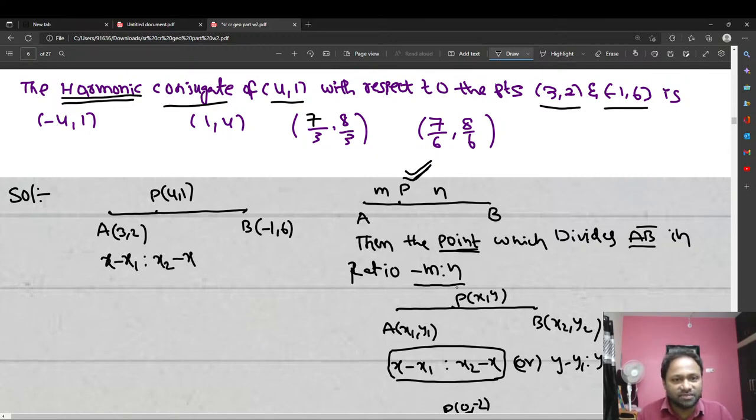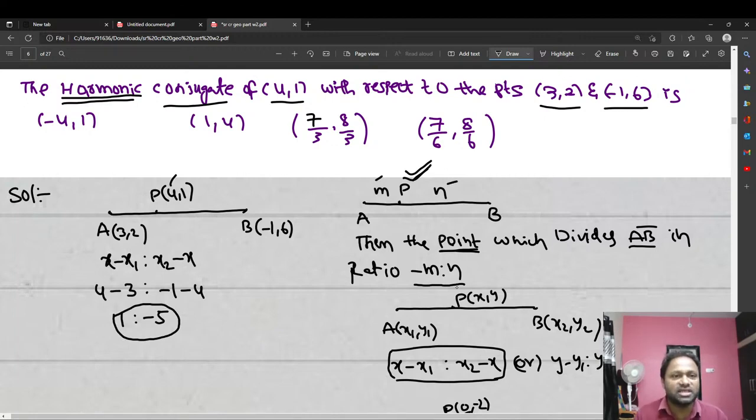So x is 4, x1 is 3, x2 is minus 1. So 4 minus 3, value 1, ratio minus 1 minus 4, minus 5. I got the ratio like m is to n.